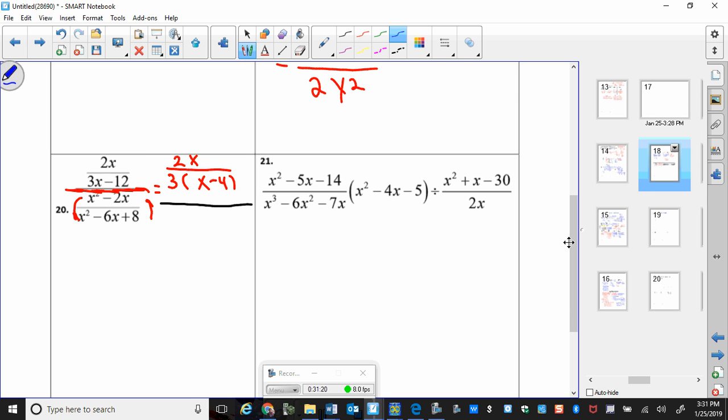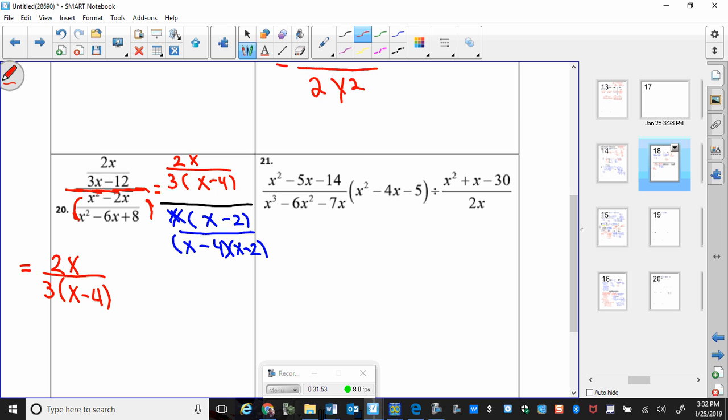so I can multiply these things. And then I have x times the quantity of x minus 2. And then I have x minus 4 times x minus 2. Okay? Now I'm ready to put this in the form that works. So 2x divided by 3 times x minus 4.